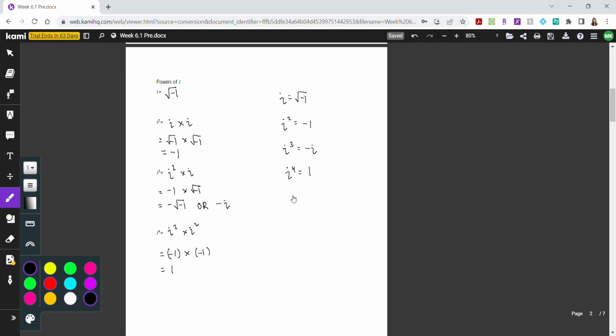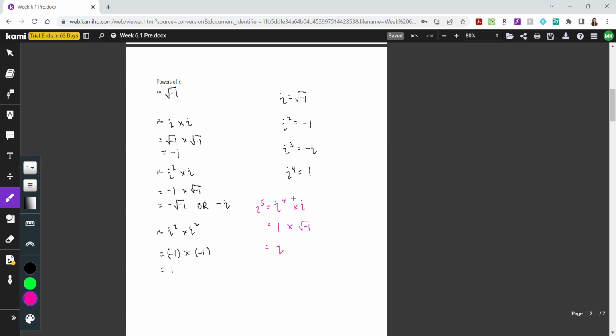Now, if we look at the bottom here, let's take i to the 5. Now, if we break that down, we get i to the 4 times i, right? And from here, we know i to the 4 is 1 times the square root of -1. And from here, this will give us i.